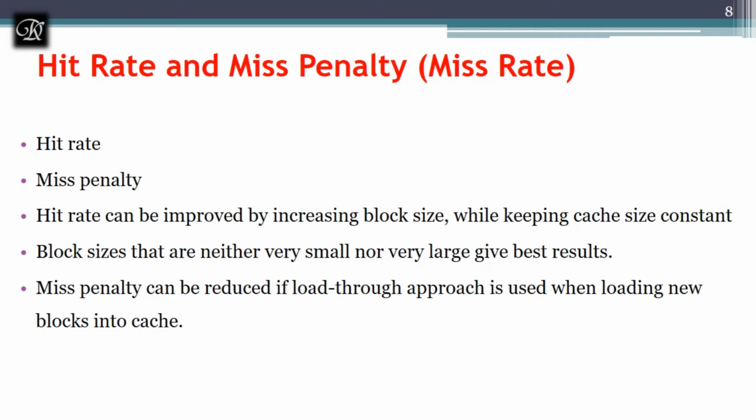So we should neither create small chunks of blocks, nor come up with larger blocks. We have to take medium blocks, neither small nor large, which will give the best result and improve the hit rate.